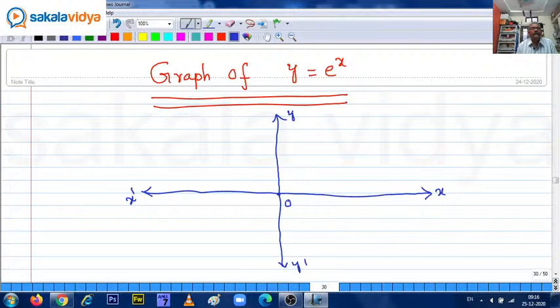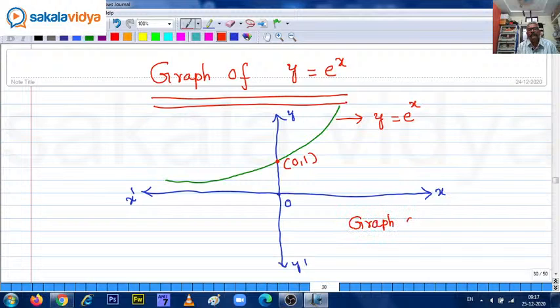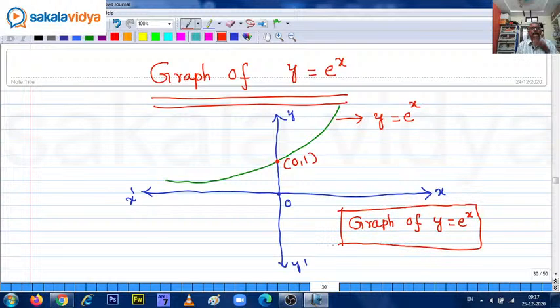This is the origin. So the graph of e power x will be like this. So this is the graph of y is equal to e power x. It crosses the y-axis at 0, 1. It will not touch the x-axis. This is the first graph.